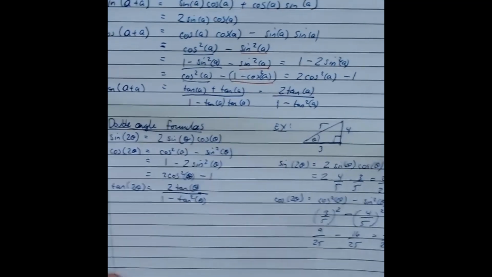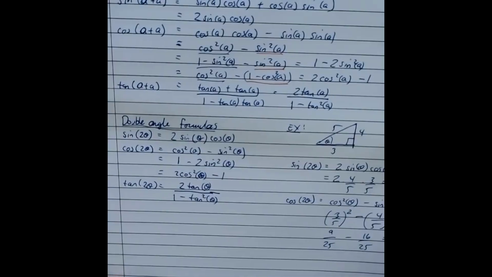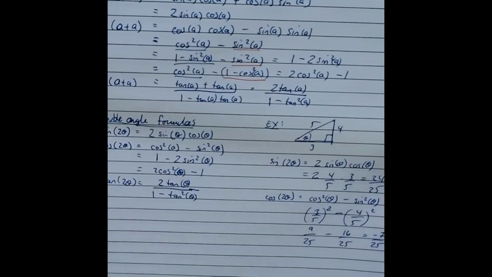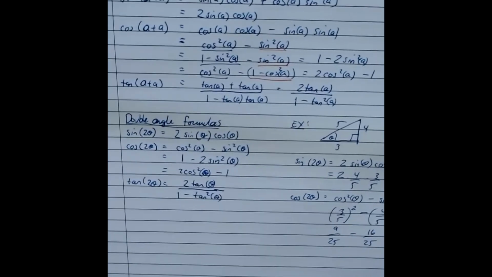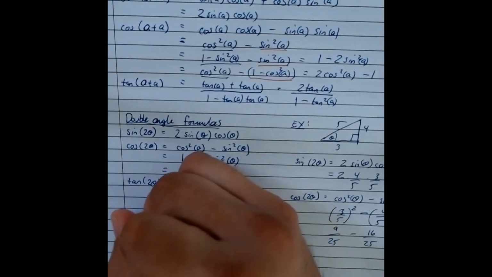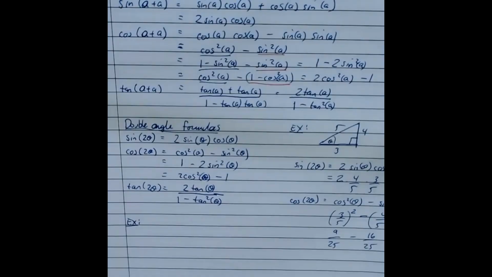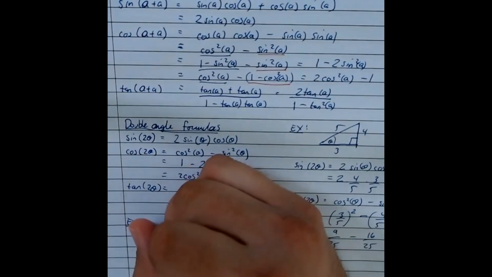Note we can also use the double angle formulas not just for numerical computation, but also to confirm things about identities, to rewrite expressions in terms of other expressions. For example, we can verify the following identity.